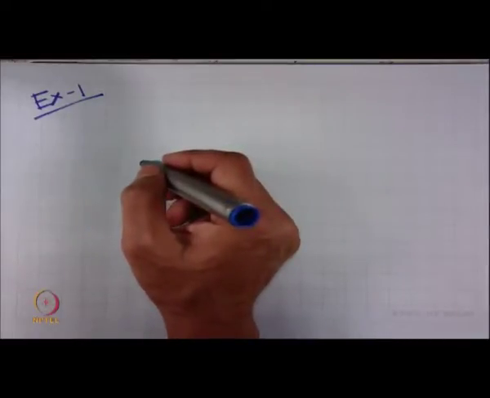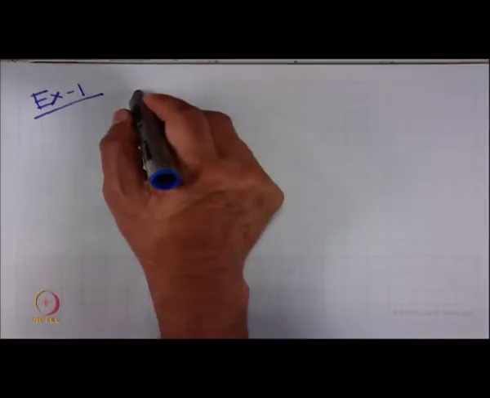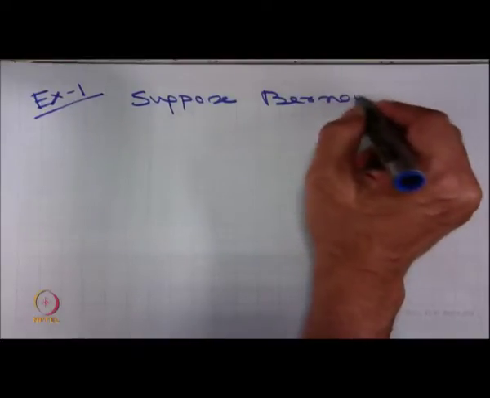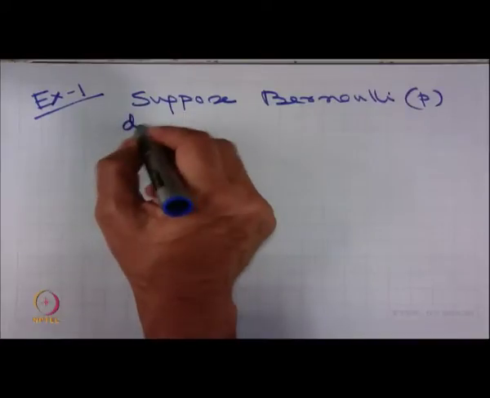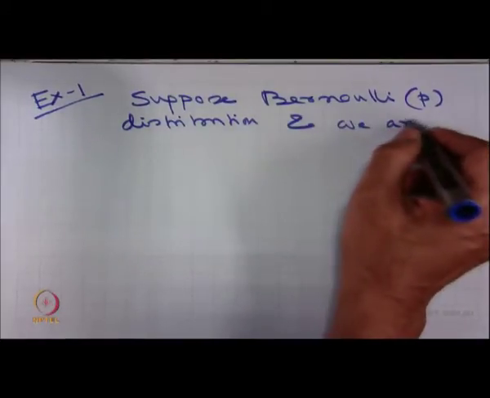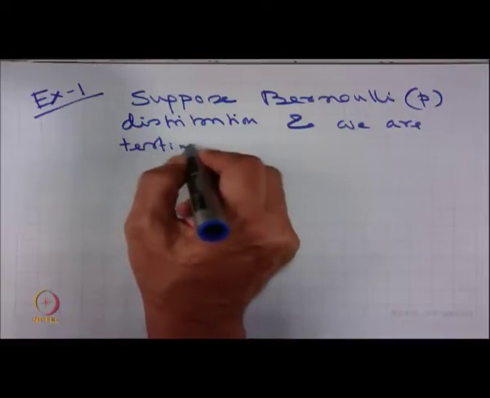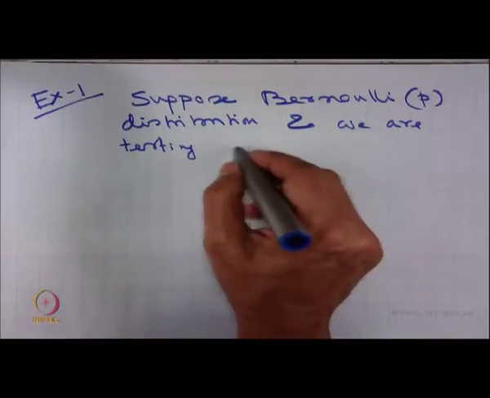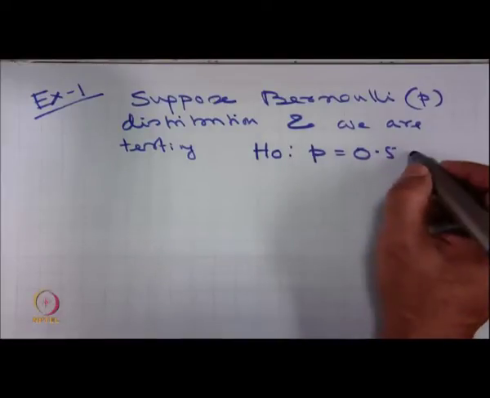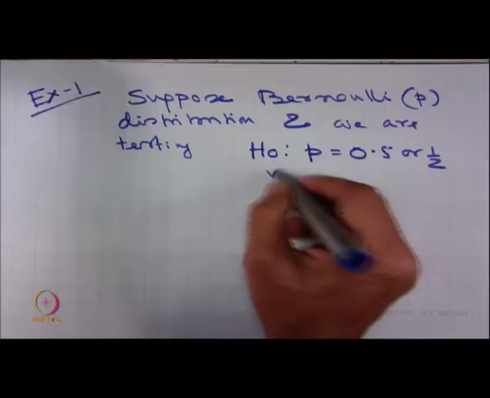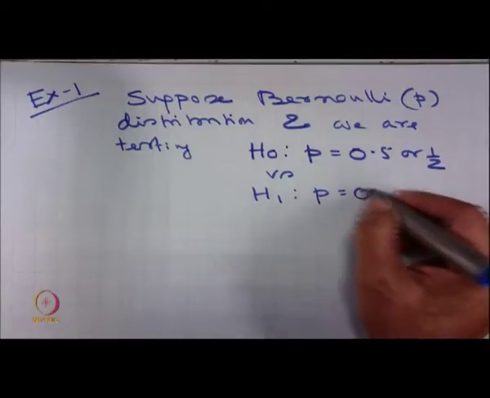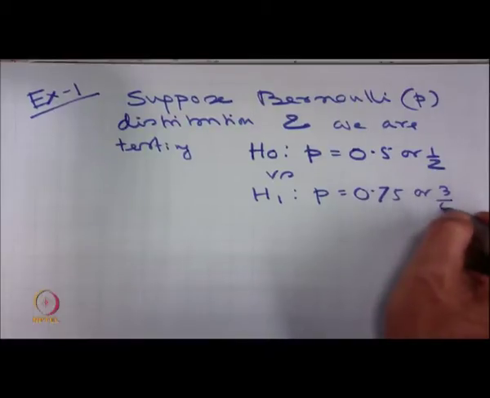Let us consider the first example. Suppose we are tossing a coin, so we are looking at the Bernoulli P distribution, and we are testing, say, H naught: P is equal to 0.5 or half versus H 1: P is equal to 0.75 or 3/4.